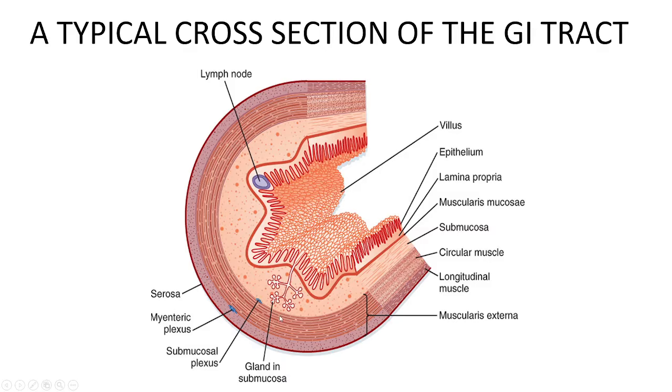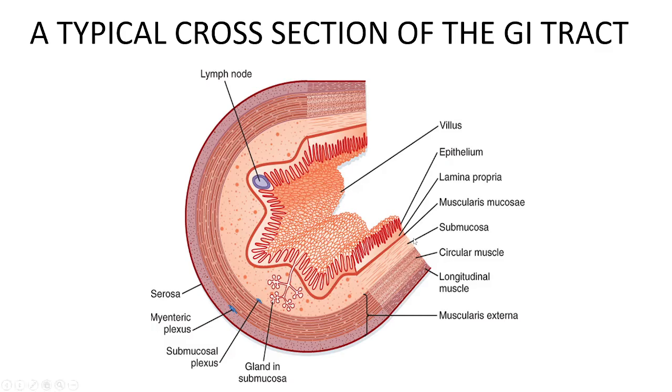So after the circular muscular layer, we have submucosa, where there are glands opening into the cavity, secretory glands opening into the cavity. Between the submucosa and the circular muscular layer, there is another plexus called submucosal or Meissner's plexus.